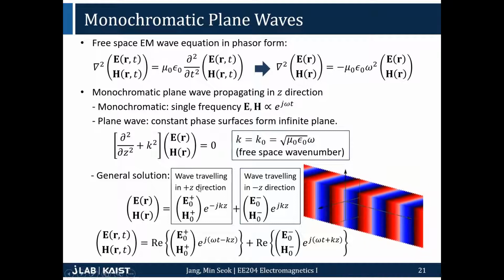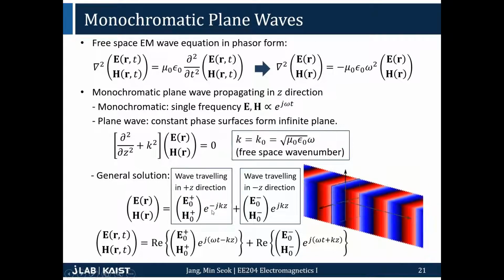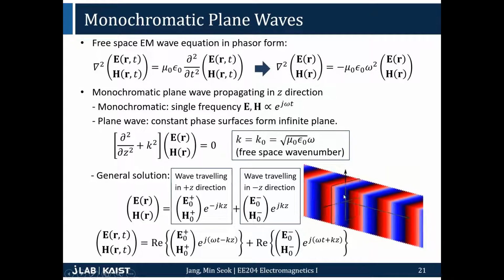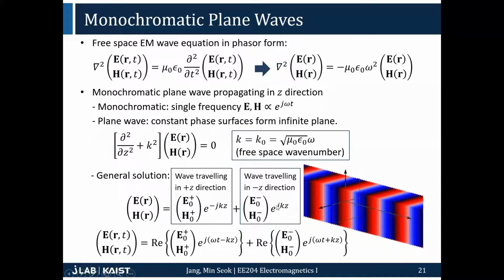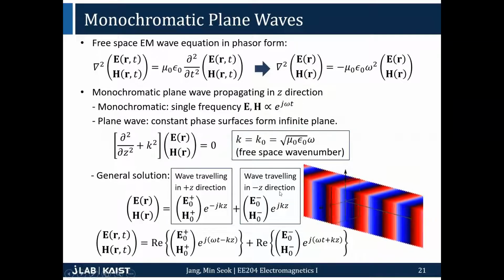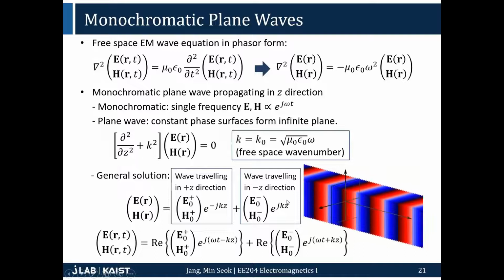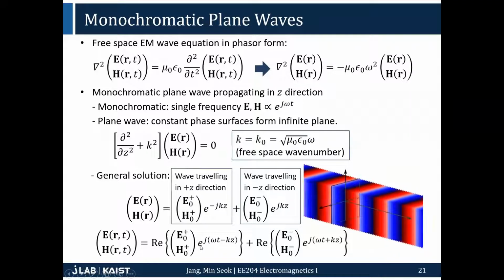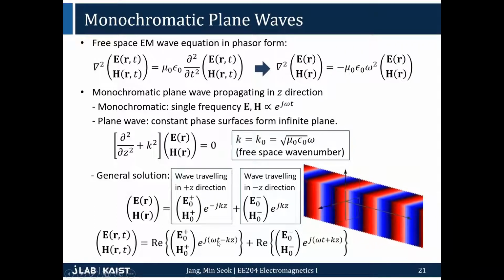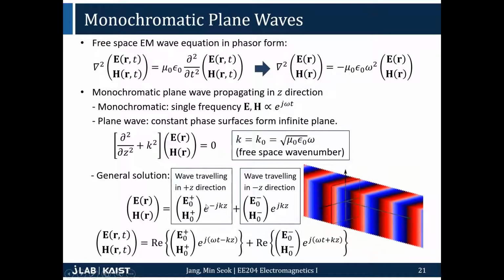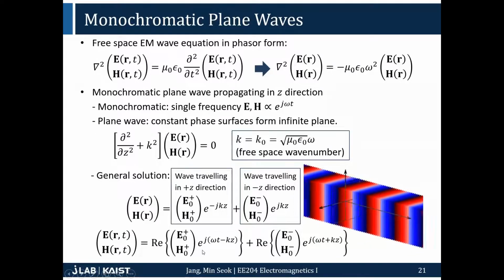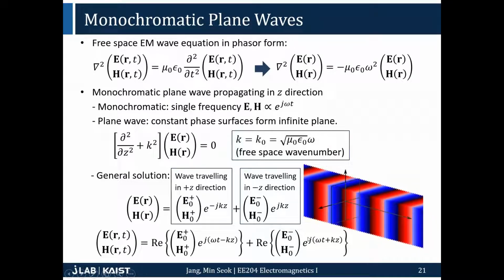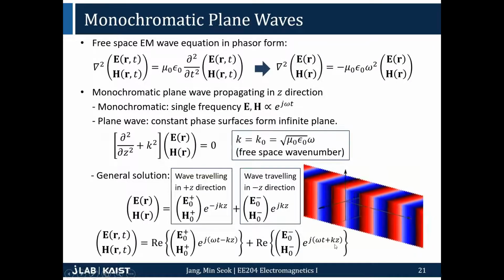Here I also mark the first wave, e to the minus jkz, as the wave traveling in the positive z direction, and e to the jkz as a wave traveling in the negative z direction. This is because our time dependence is e to the j omega t. If we combine space and time dependence, the first term gives omega t minus kz, and the second term gives omega t plus kz.